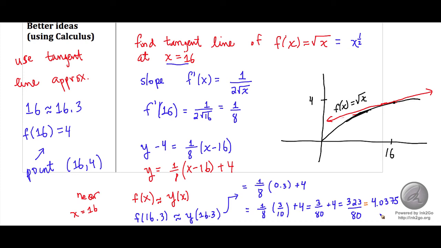So what we've been able to do is estimate the square root of a decimal and get an answer that's incredibly close to what your calculator tells you. And I should point out that your calculator doesn't know the exact answer either. Your calculator is also applying some sort of estimation technique in order to get this answer.